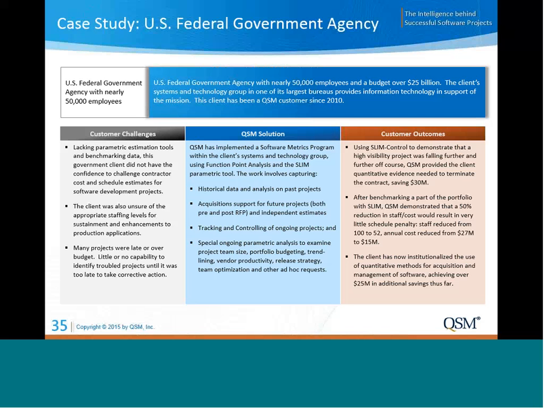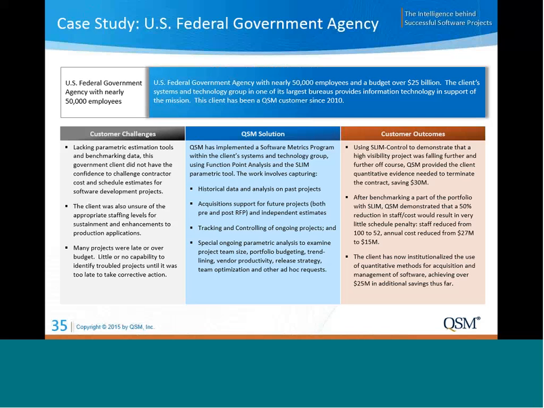And that became the independent estimate. You'd be surprised at how often that happens. They had no real capability to do a true independent estimate. And they were unsure of whether their staffing levels were appropriate, whether they're paying too much or too little, and often had troubled projects that were late or over budget or didn't meet expectations.